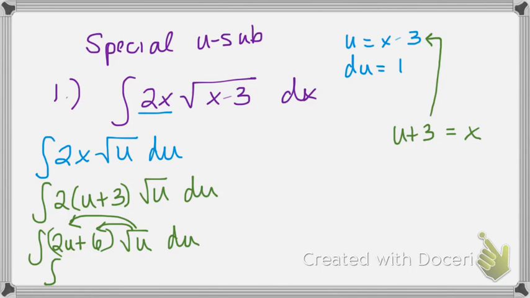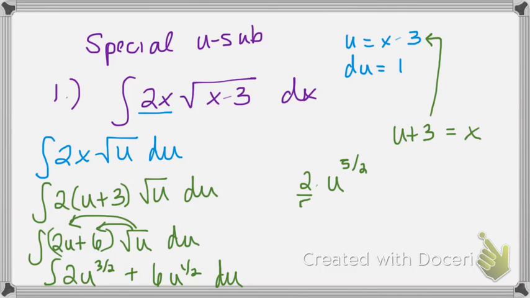And then you would end up with the integral of u times square root of u. You would add those exponents, so that would be u to the 3 halves. And then 6 times square root of u, I'm going to write it as u to the 1 half. Now I find the antiderivative. The antiderivative of 2u to the 3 halves: if I add 1, that would be 5 halves, so it's u to the 5 halves. Flip it, and then multiply by the 2 in front.